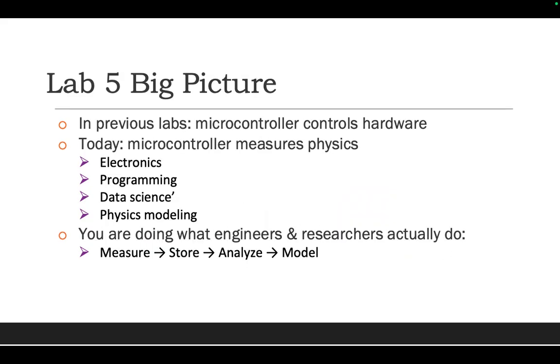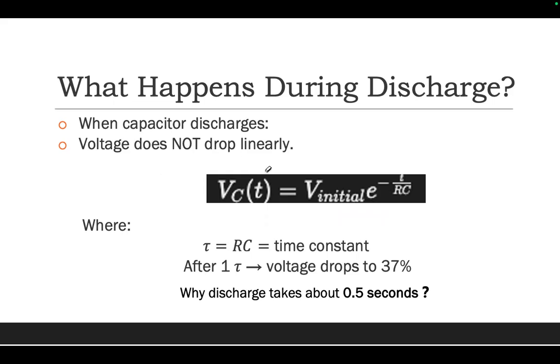record discharge, not charging. Okay, what happens during discharging? Actually, you can see when a capacitor discharges, the voltage does not drop linearly. It will just follow this equation, and in this equation, t is time. As the time passes, the voltage will change.